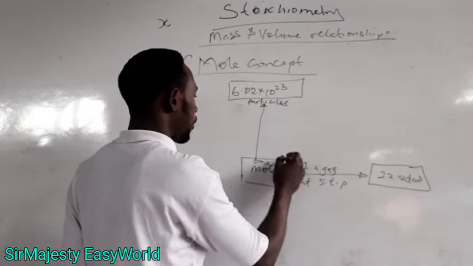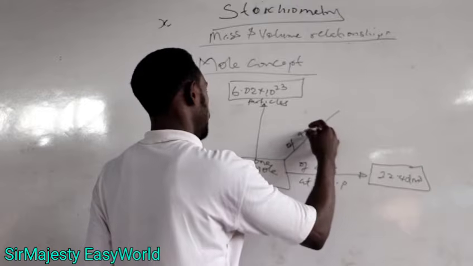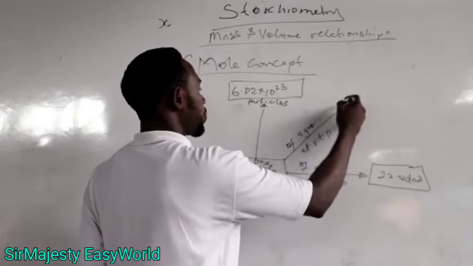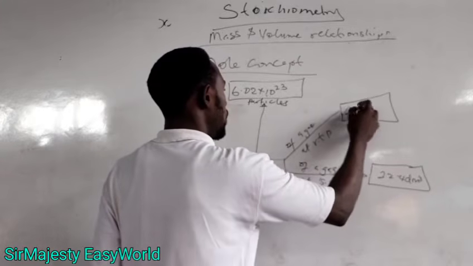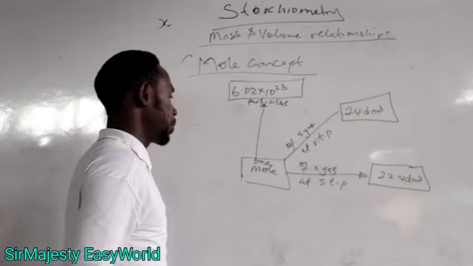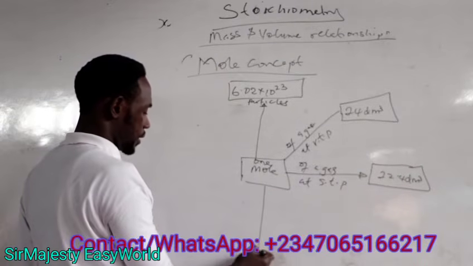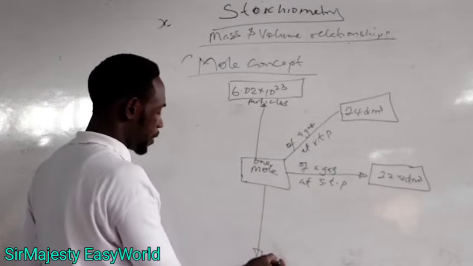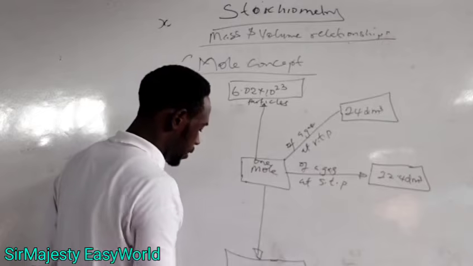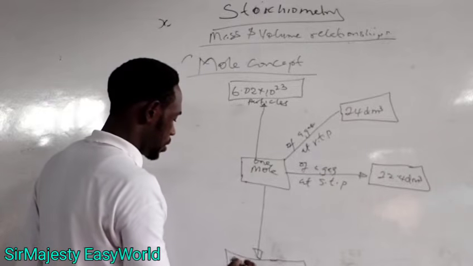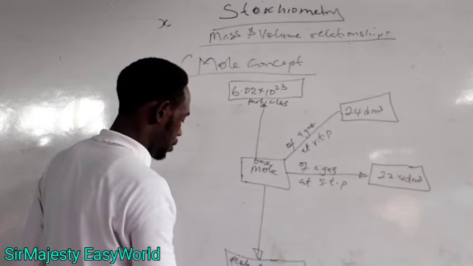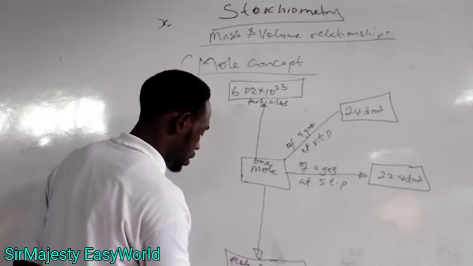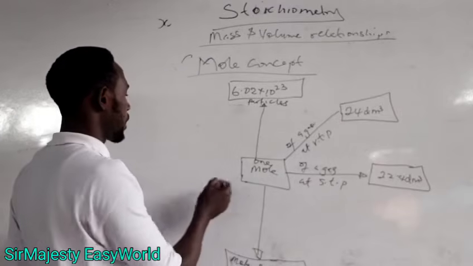Then the same 1 mole of a gas at RTP, that's room temperature and pressure, occupies a volume of 24 dm cube. Then the same 1 mole of any substance: the mass of 1 mole of any substance means the molar mass or the relative atomic mass. The same mole in the center.